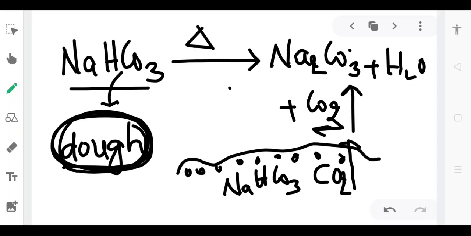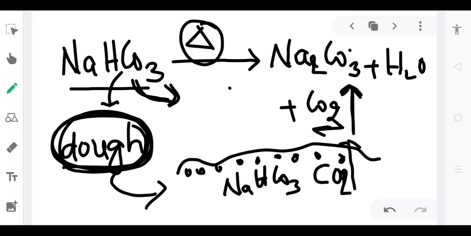So a cake or bread prepared using baking soda becomes like a sponge and becomes soft. This is the reason why a cake or bread is soft and spongy: when we add baking soda and heat, carbon dioxide gas is released, and as it comes through the dough, it creates many pores.